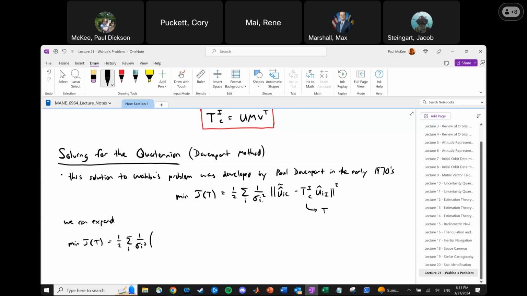This is really UIC transpose UIC. Then the next term is UIC transpose, oh whoops, there's a T in the middle. There's the transpose T and then there's that other T. I'm sorry, I can't even read my own notes. My brain is just off today. UIC times T times UII.